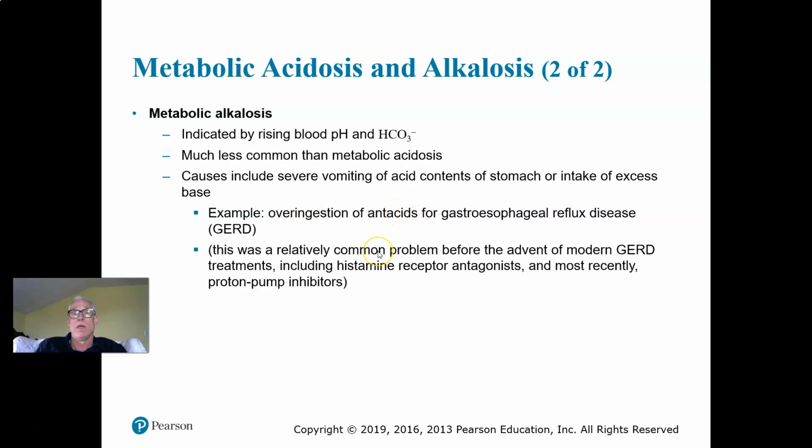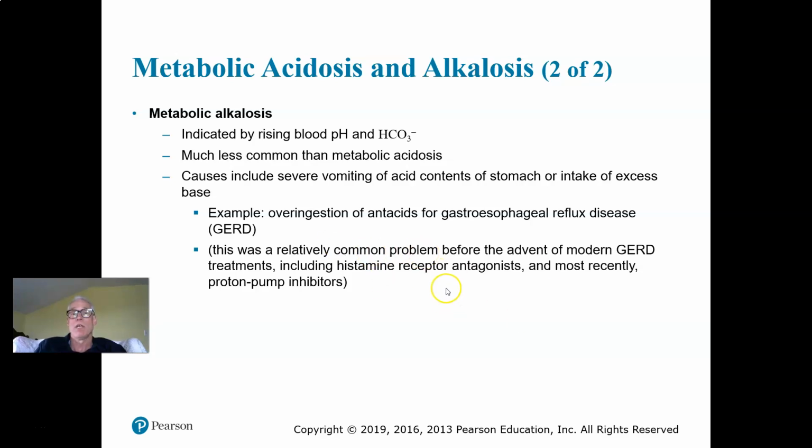This used to be a problem when the main treatment for esophageal reflux, severe heartburn, potentially a disease state of heartburn, was pouring bicarbonate ion containing salts into the esophagus so that it would neutralize any acid that had escaped out of the stomach and was causing irritation. And in severe cases, people would be taking a lot of bicarbonate and other bases to try to neutralize that acid, and that could cause a metabolic alkalosis.